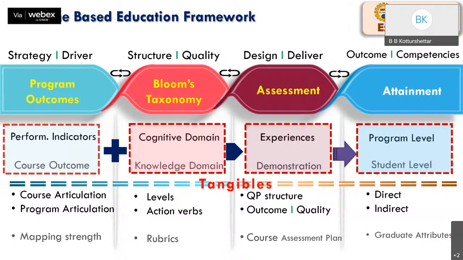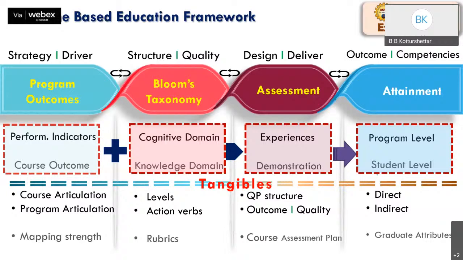The program outcomes, the way they are listed, are a little abstract. So we need to bring specificity to them by defining the competencies and performance indicators. And we also need to come up with course outcomes for each of the courses we deliver, so that later we will be able to connect the course outcomes with the program outcomes.